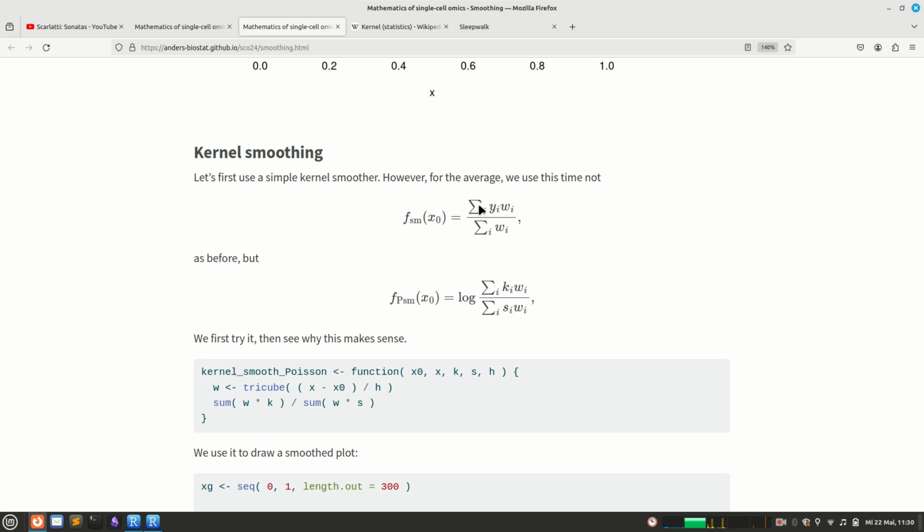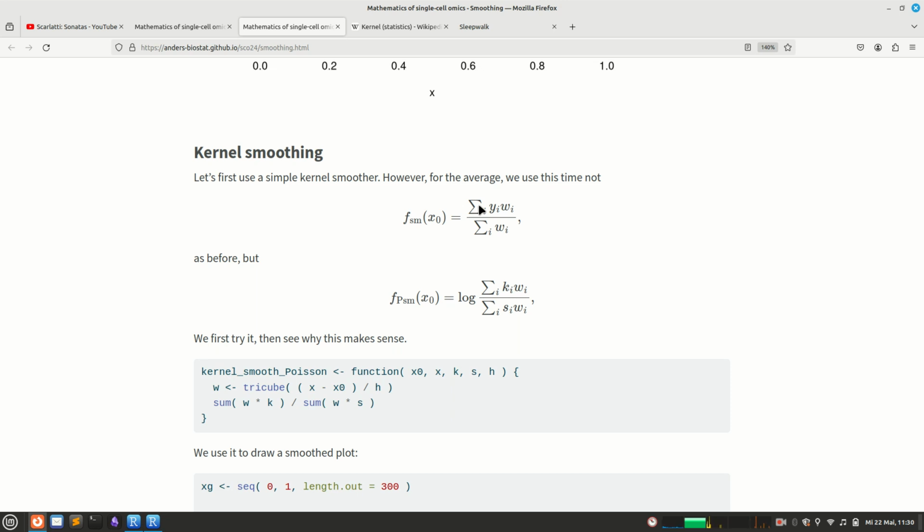Now there's an old idea in statistics that if I want to calculate an average over a collection of random variables that have different precision, then I should weight them by their inverse variance.